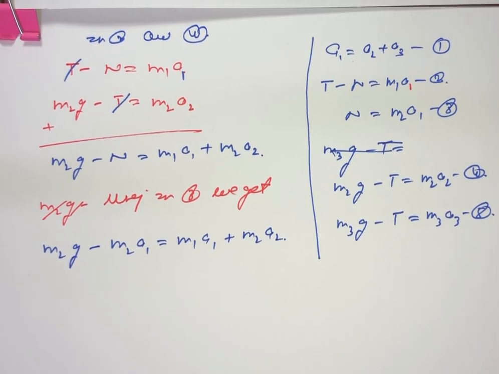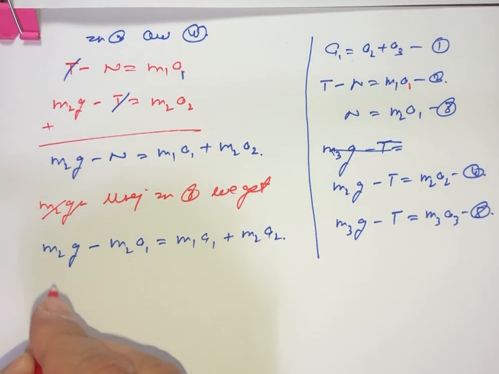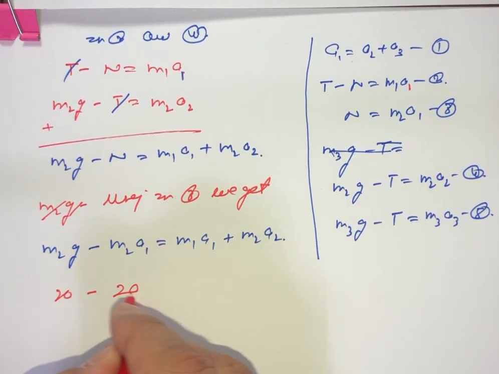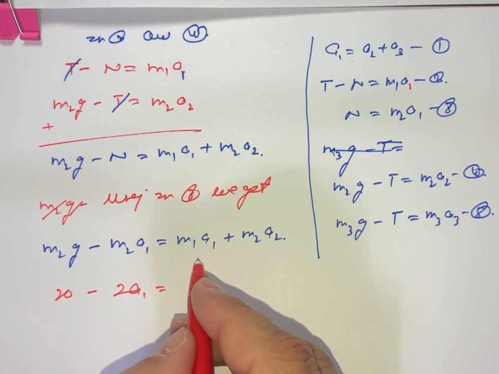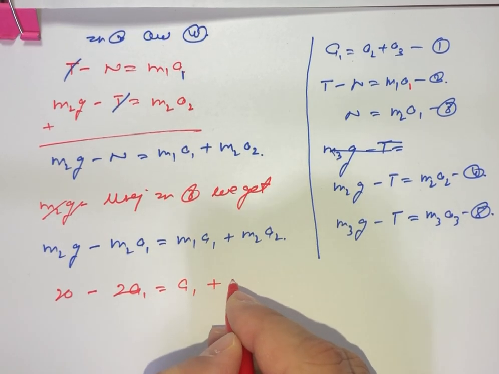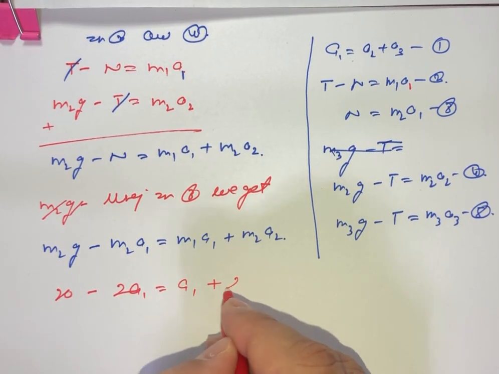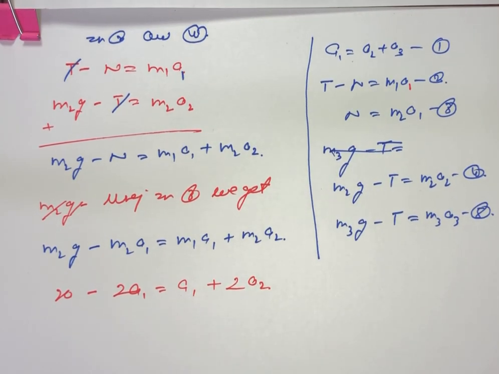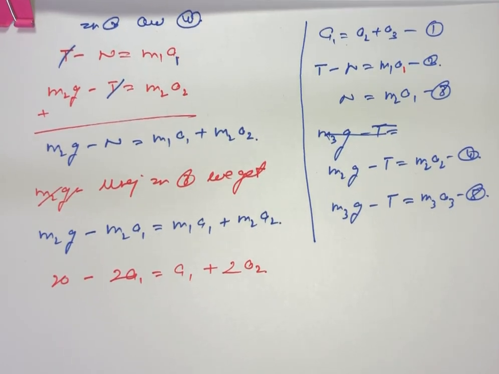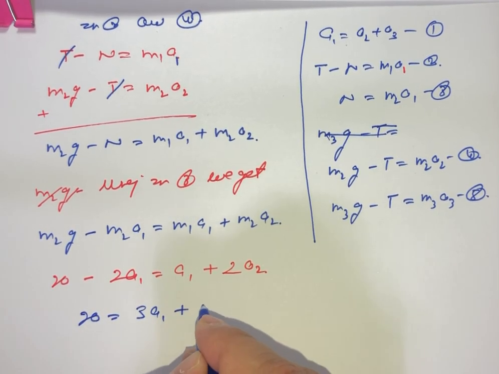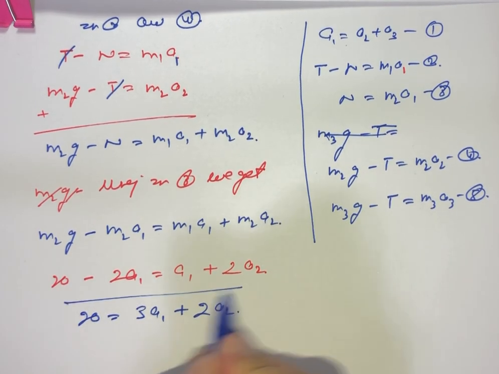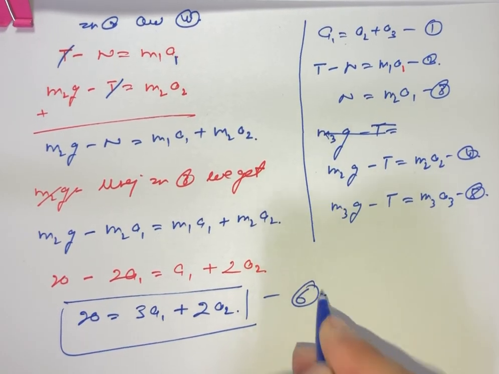Substituting the values, M2 is given as 2 kg, so this will be 20 minus 2a1 is equal to, M1 is given as 1 kg, so this will be a1 plus 2a2. This gives us 20 is equal to 3a1 plus 2a2, equation number 6.